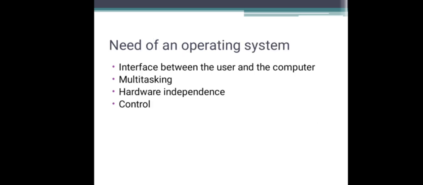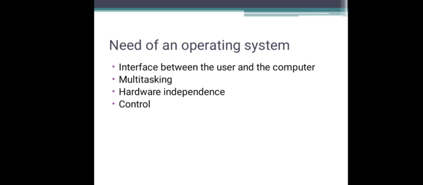Now the next one is, what is the need of an operating system? The operating system provides an interface between the user and the computer so that a user can easily work on a computer system by using a mouse or a keyboard. Multitasking: it helps to smoothly run multiple applications at a single time on a computer system.